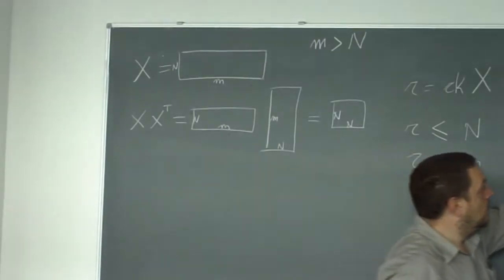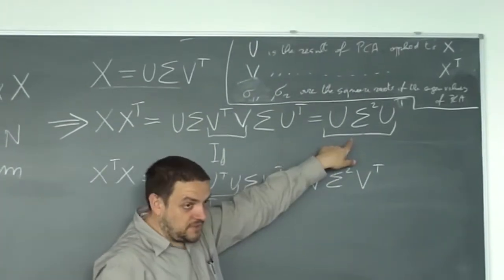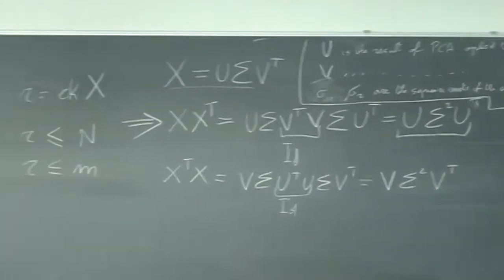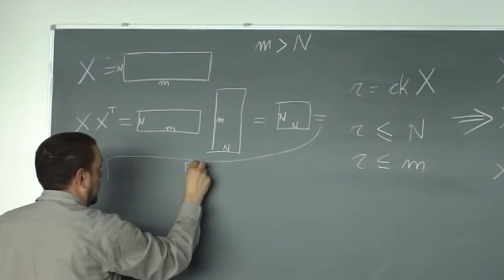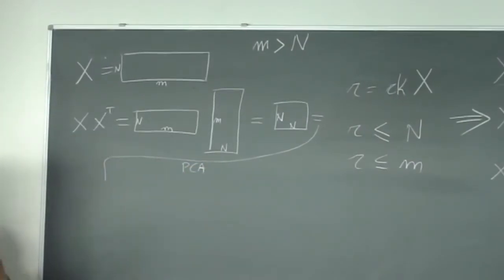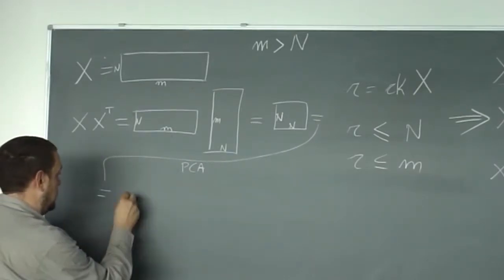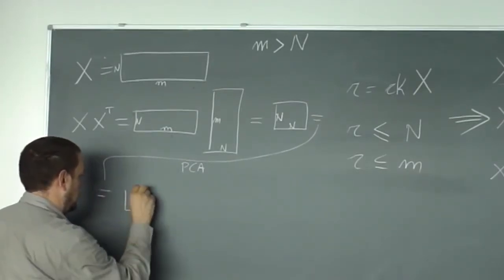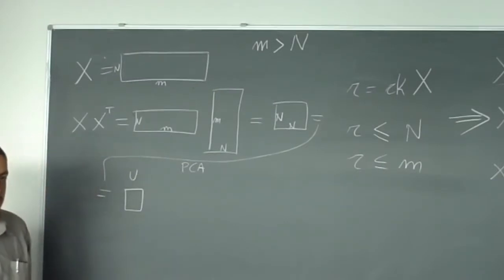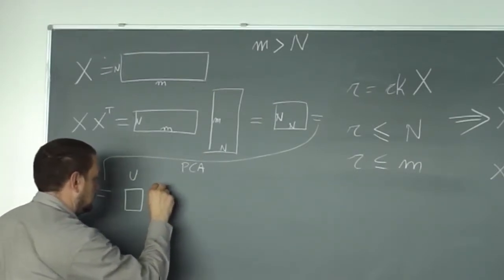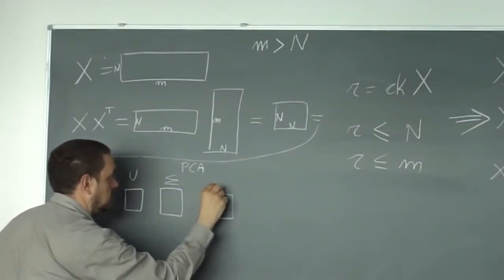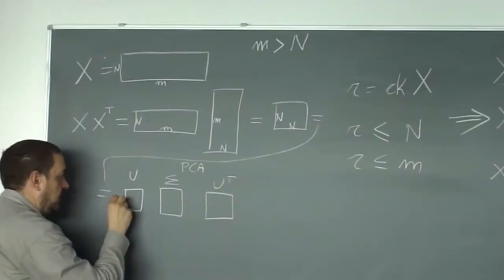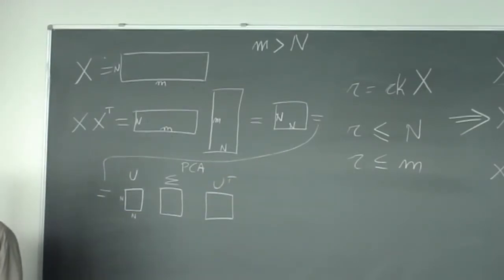And once you compute the PCA of this matrix, so you take this matrix and you do the principal component analysis by the means that we have seen last time, we get that U, sigma and of course U transpose are all n by n matrices.